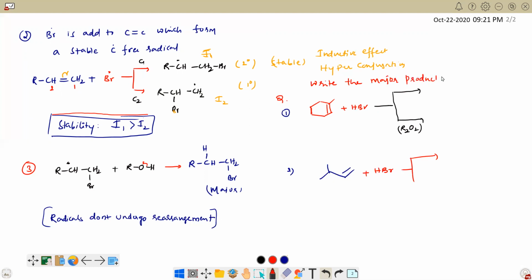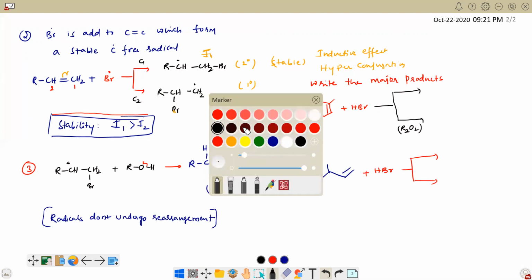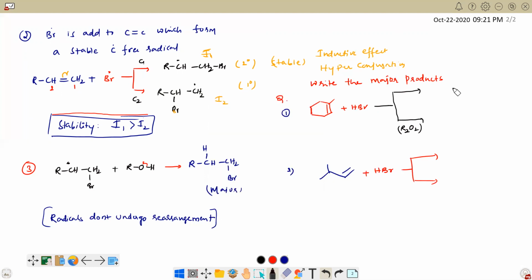So for the first one, sir, Br will get attached to the methyl group carbon, and in the presence of peroxide, it will get attached to the first carbon, sir. Here is the skeleton I'm writing. You tell me the position so that I'll write accordingly. Where is the Br position?